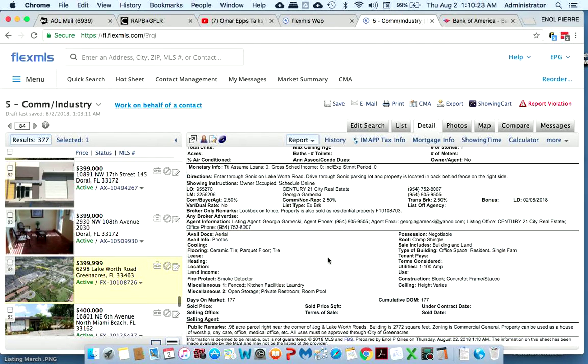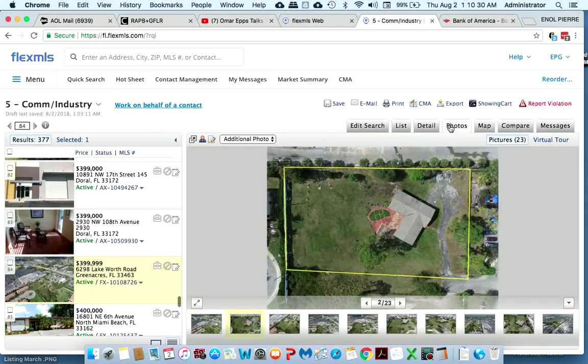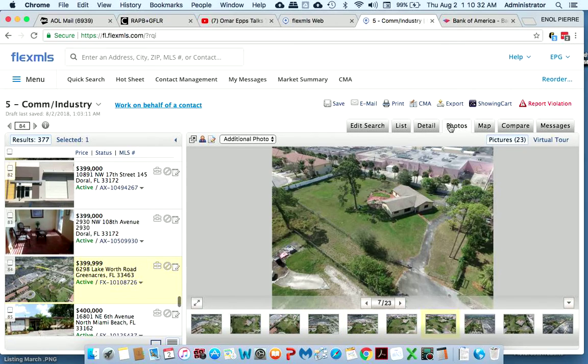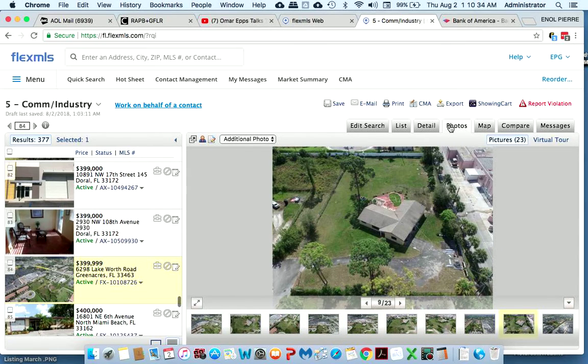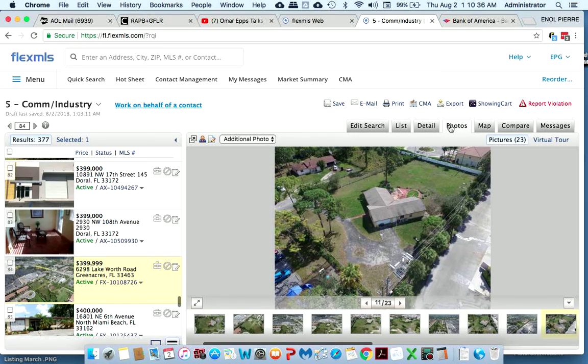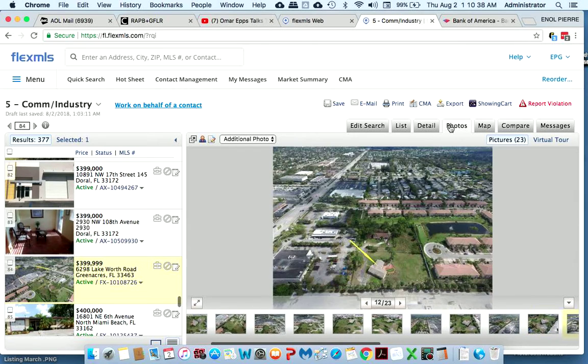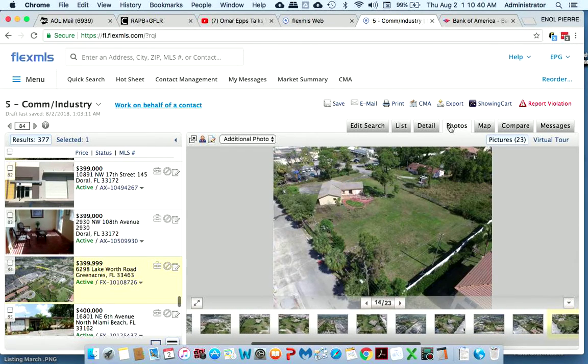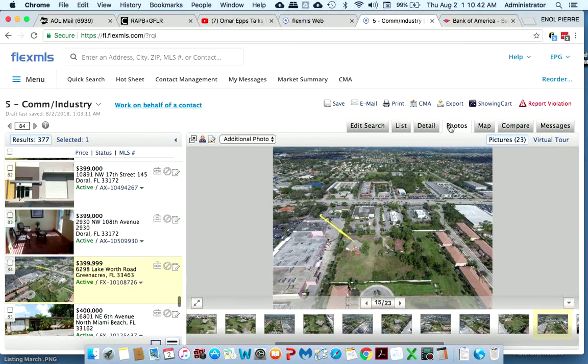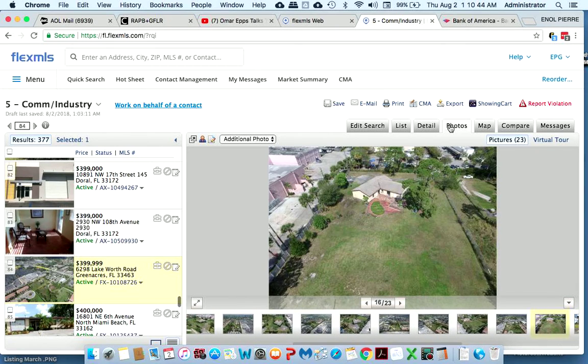Is this a church or something? Yeah, it looks like some kind of church.